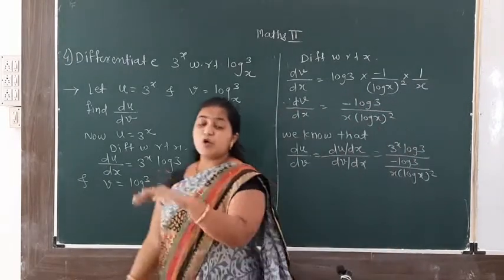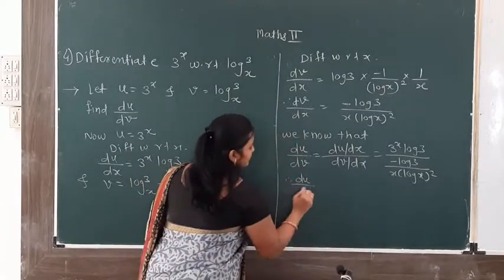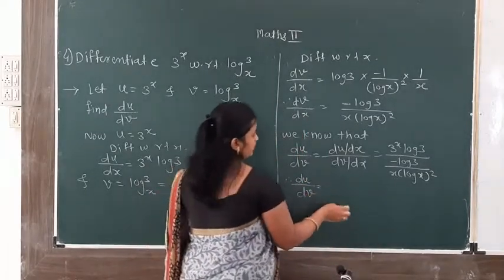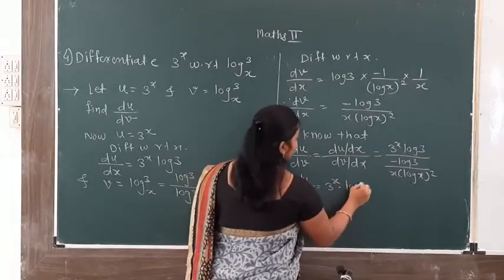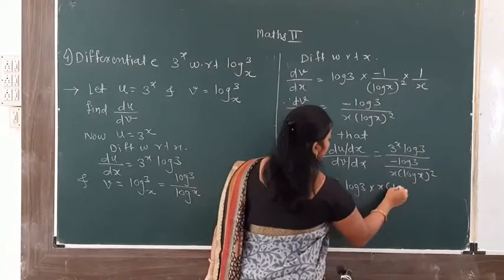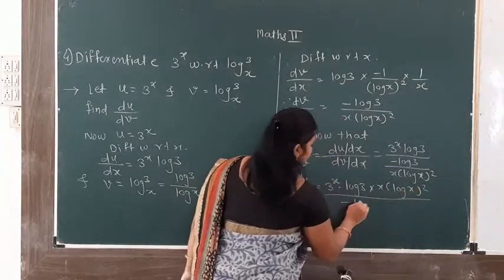Denominator goes to the numerator. So du by dv is equal to 3 raised to x multiply log 3 multiply x log of x whole square divided by minus log 3.